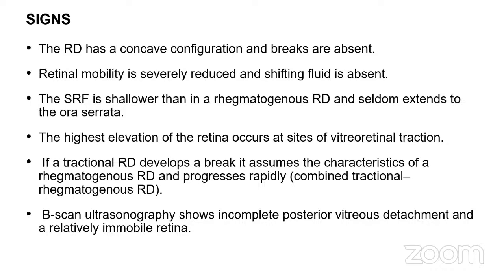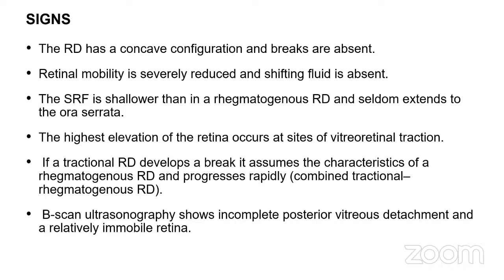If a tractional RD develops a break, then it assumes the characteristics of rhegmatogenous RD and progresses rapidly. So an RD having a break as well as fibrovascular membranes will generally show features of rhegmatogenous RD, such as elevation and extension of SRF till the ora serrata. Those cases are called combined tractional and rhegmatogenous RD.